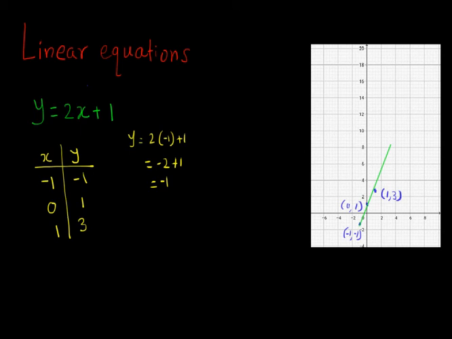So this is a definition of linear equation, that all the points corresponding to this equation, when joined, will lie on the same line. It gives me a straight line.